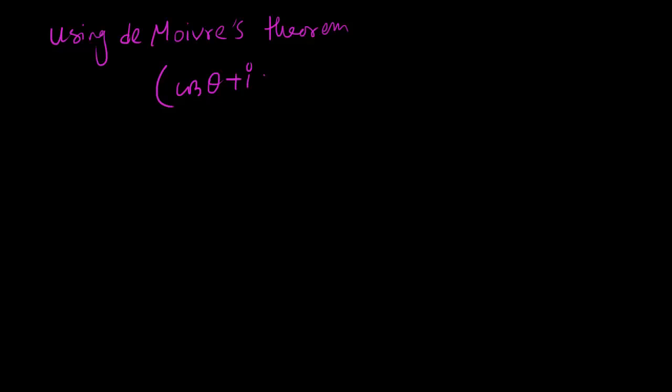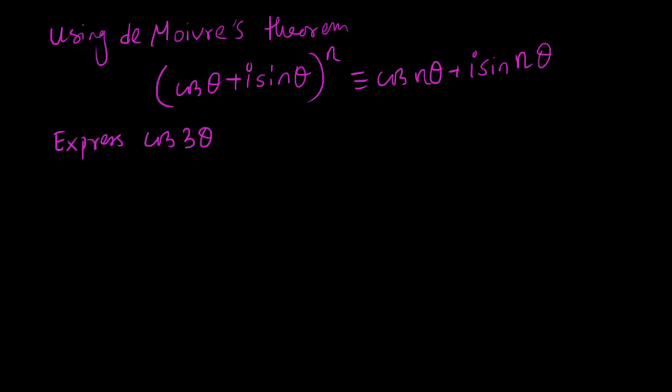So here is an example for which we use de Moivre's theorem. Using de Moivre's theorem, that cos theta plus i sine theta to the power n is identical to cos n theta plus i sine n theta, express cos 3 theta as powers of cos theta.